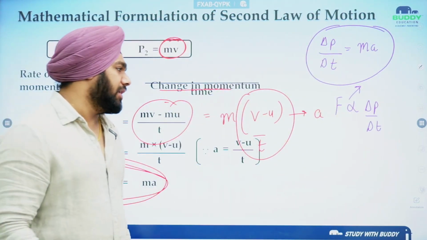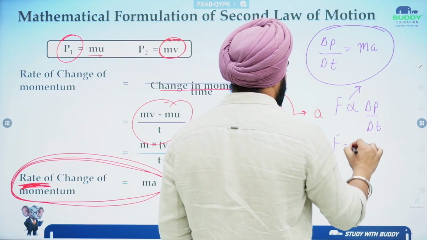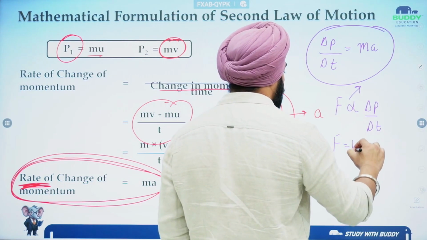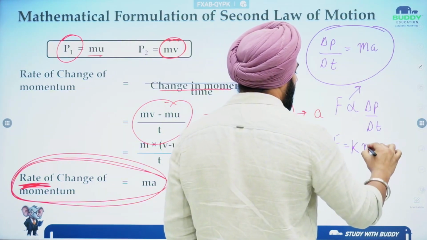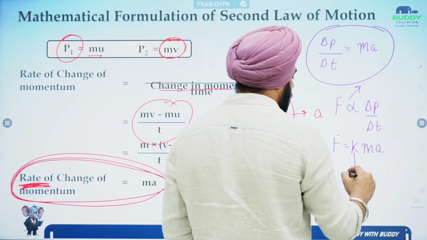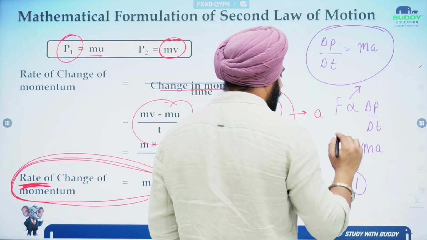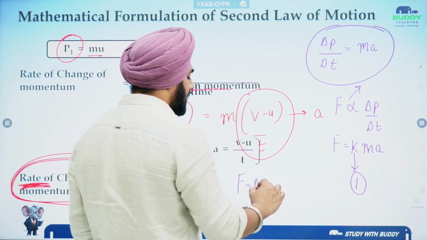When this proportionality sign is removed, we need a proportionality constant, we put k, so it becomes force is equal to kma, but eventually this proportionality constant has value 1.